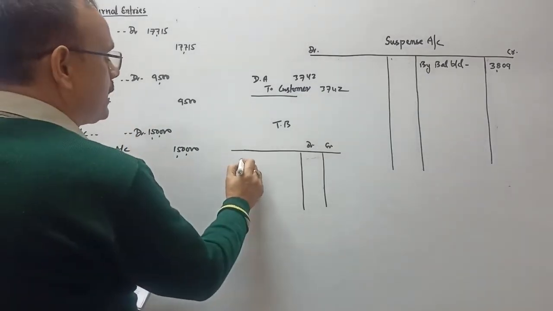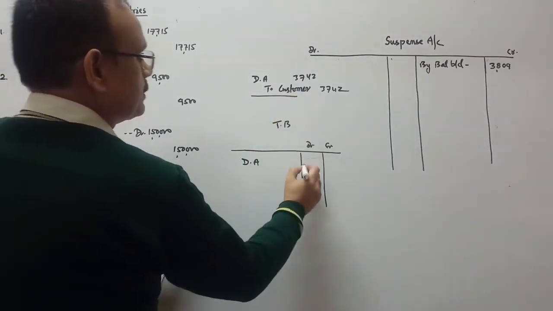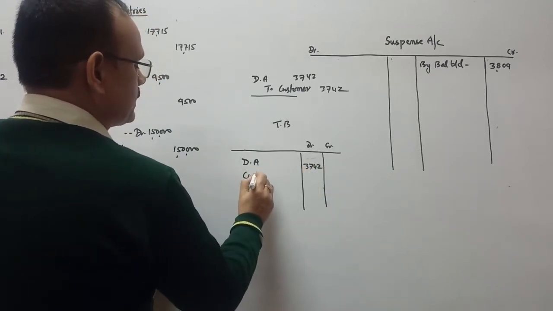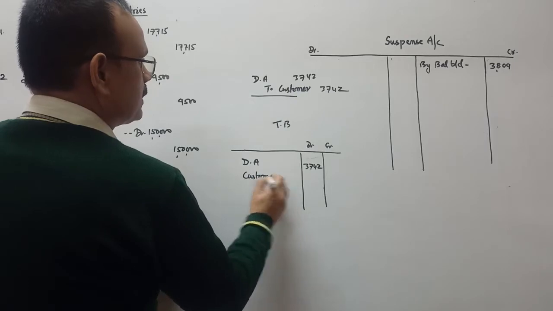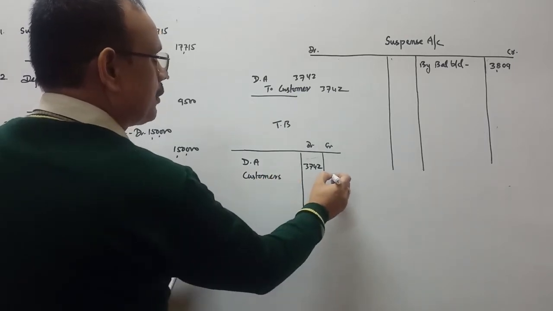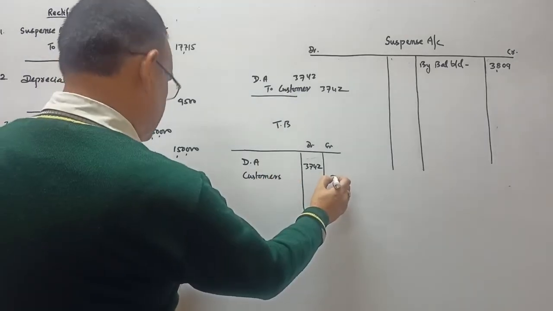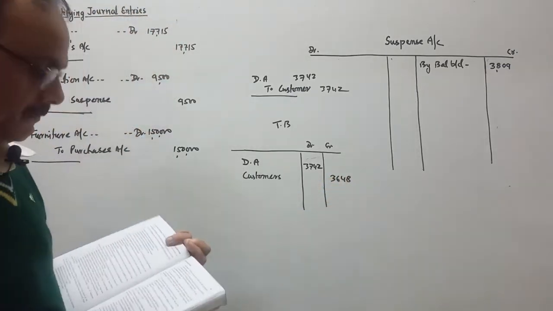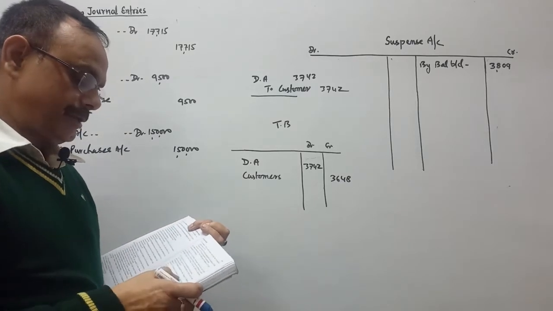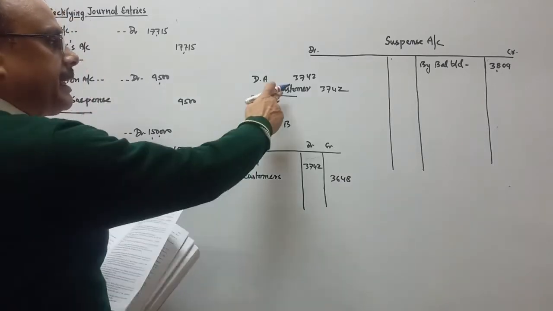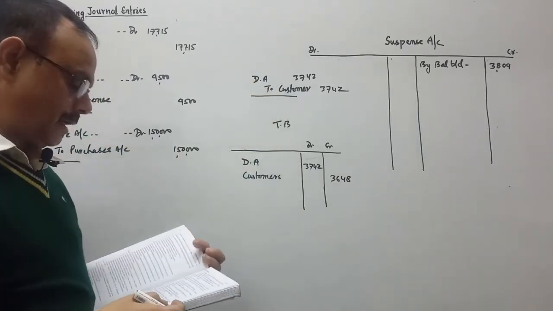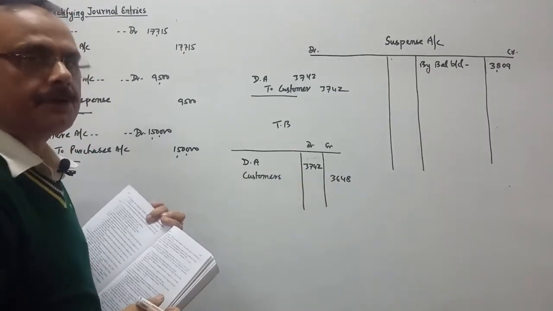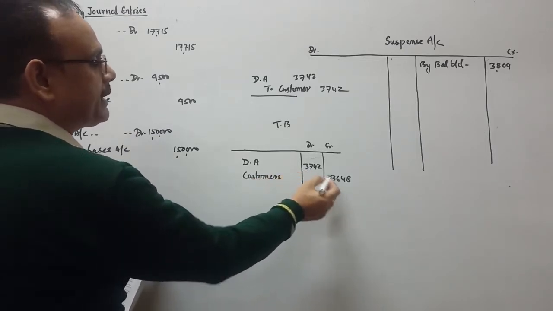So discount allowed has no mistake, it is 3,742, but in the customer's ledger, the wrong amount 3,648 is posted instead of 3,742.